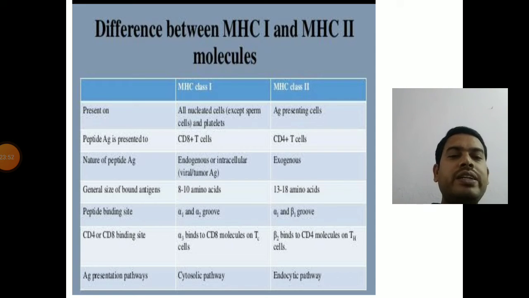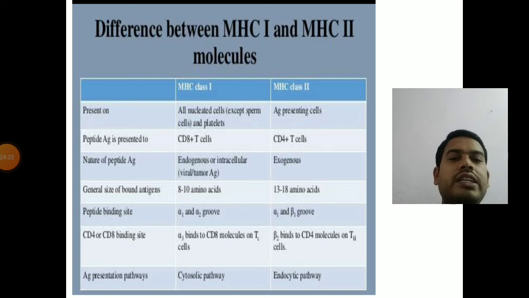Peptide binding site, as I mentioned, is alpha 1 and alpha 2 in class 1 MHC molecule. Sorry, in class 2 MHC molecule it is between alpha 1 and beta 1 chain. And the CD4 and CD8 binding site will be alpha 3 to CD8 on T cytotoxic cells, and beta 2 binds to CD4 on T helper cell molecules.